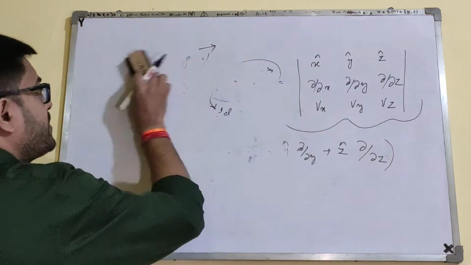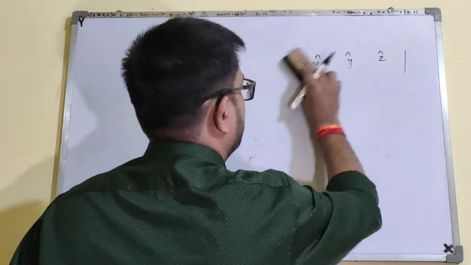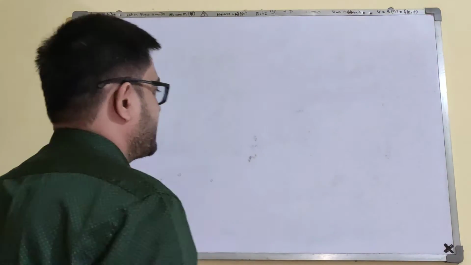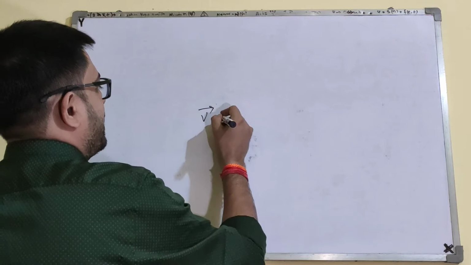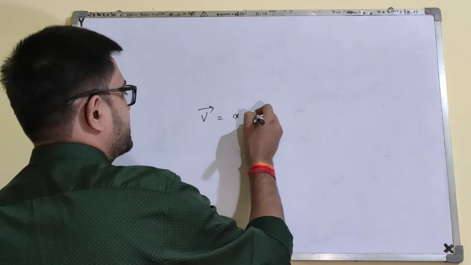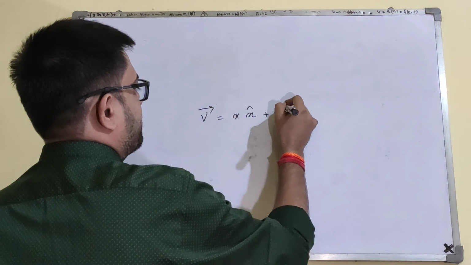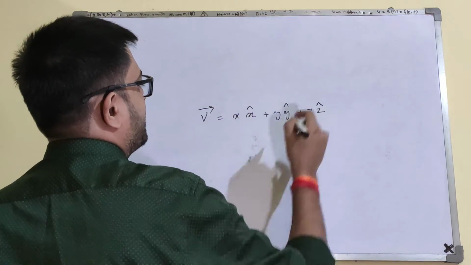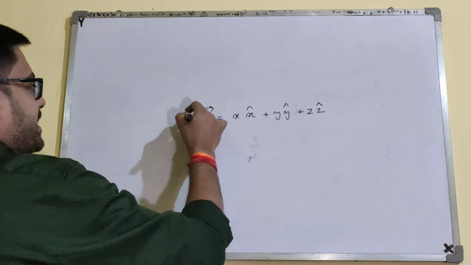What is the difference between a vector and a vector field? If I want to express a vector, for example a vector v, I want to write it as x cap plus y cap plus z cap. It could actually describe a vector field in itself.